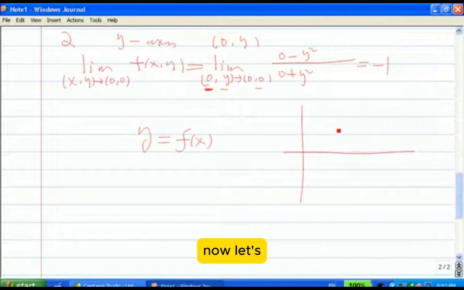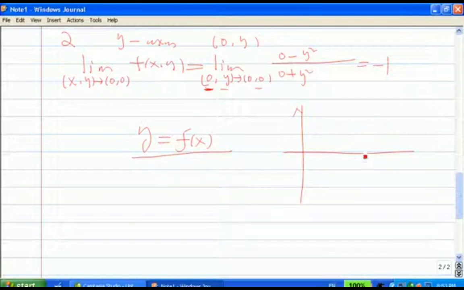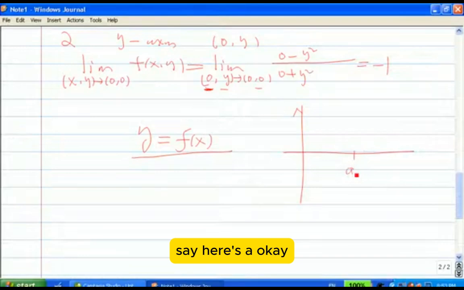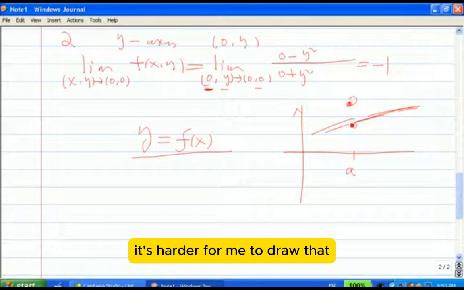First of all, remember this graph is a curve. Say, here's a. If your curve is like this, it's hard for me to draw that.